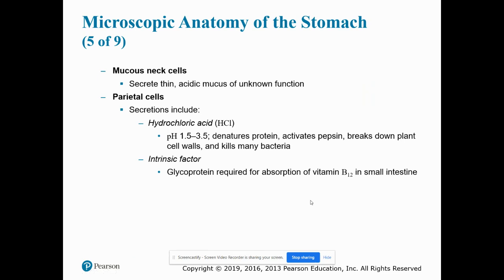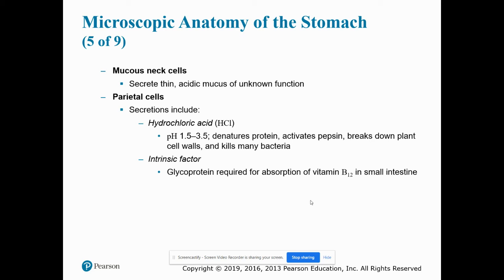The mucous neck cells secrete thin acidic mucus, and the function is unknown at this point. The parietal cells secrete a couple things. They secrete hydrochloric acid, which has a low pH of about 1.5 to 3.5. What it's going to do is denature protein, activate pepsin, break down plant cell walls, and it also kills many bacteria.